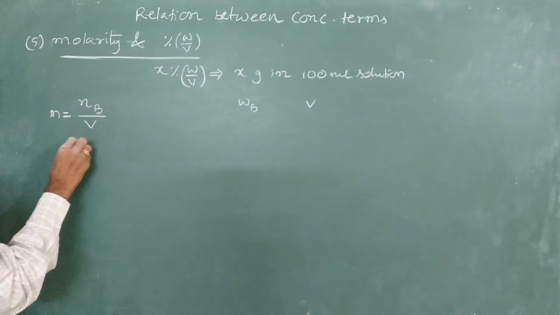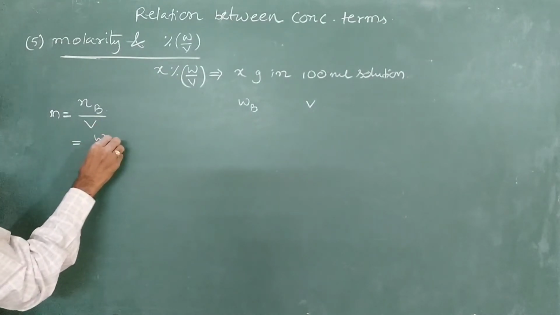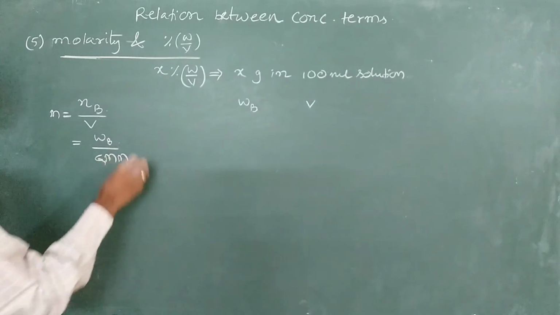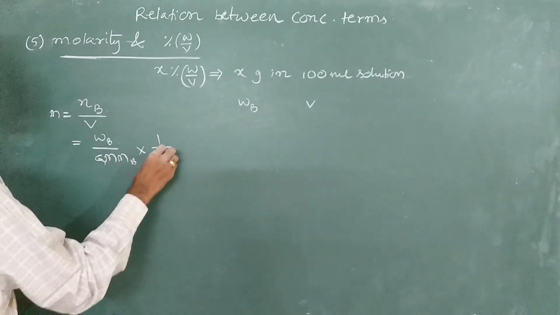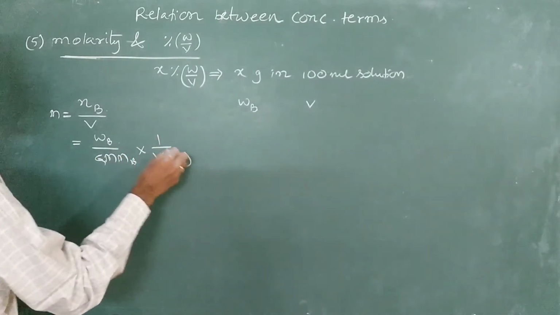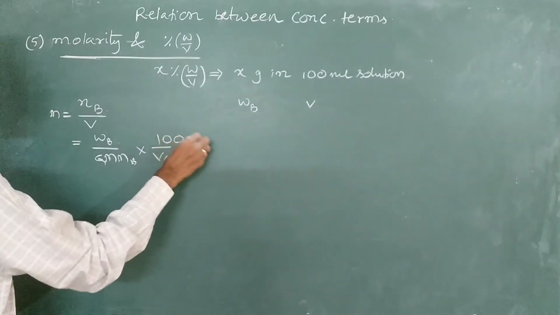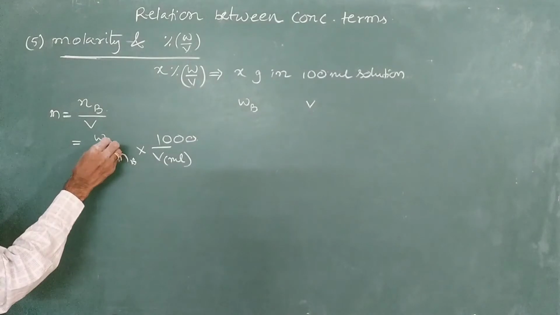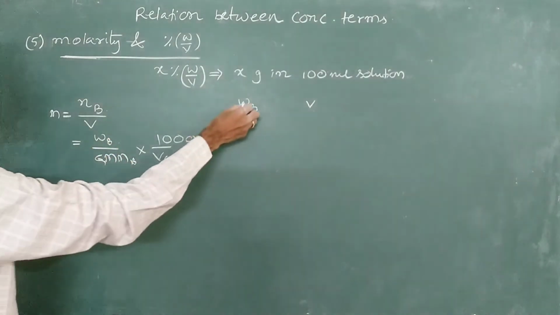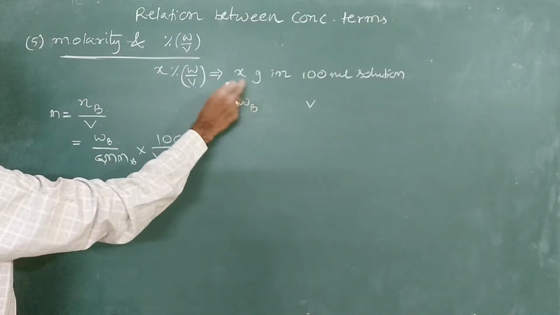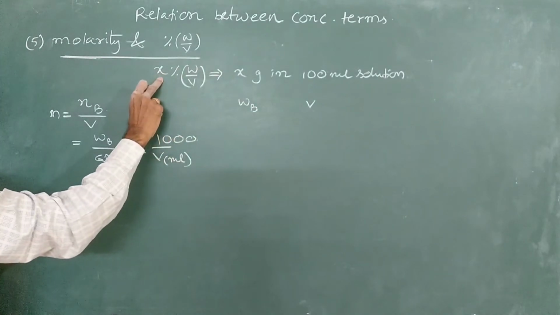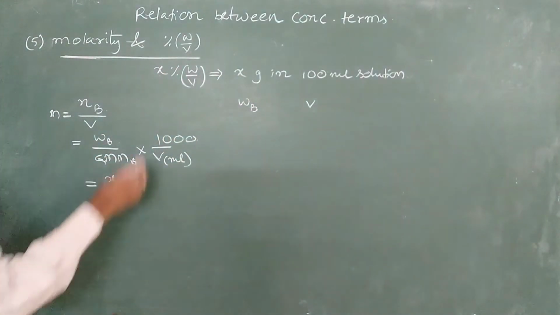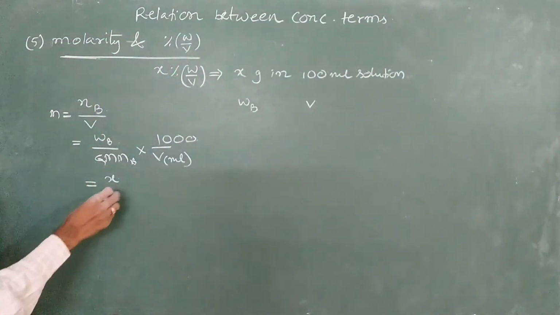Now the number of moles can be substituted by mass by gram molar mass, and the volume in milliliters divided by 1000 to get liters. So this is the other formula. Now what is WB? That is nothing but the mass of solute, which is again equal to X, that is the percentage by mass by volume of the solution.